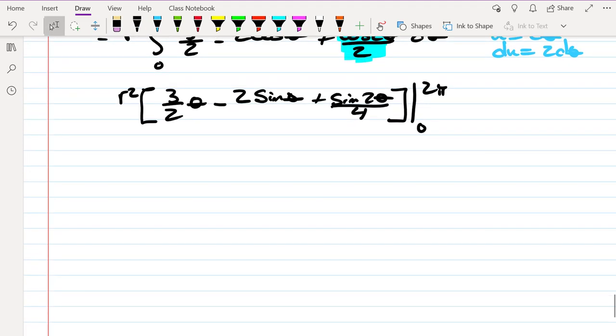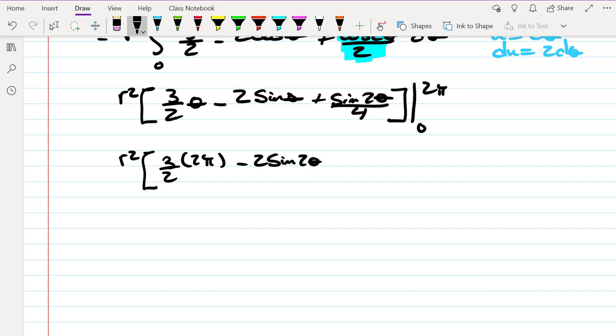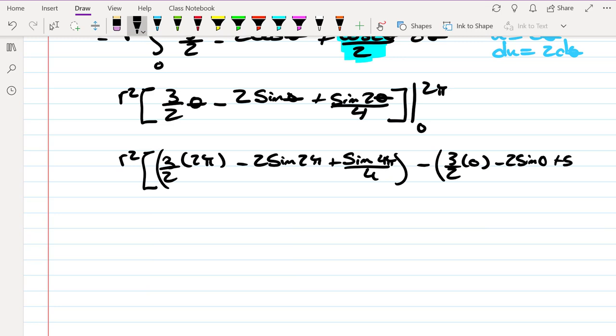All right, so now evaluating, we have r squared times 3 over 2 times 2 pi minus 2 times the sine of 2 pi plus the sine of 2 times 2 pi, which is 4 pi, over 4, minus, we're going to do some zeros, so 3 over 2 times 0, minus 2 times the sine of 0, plus the sine of 0 over 4.